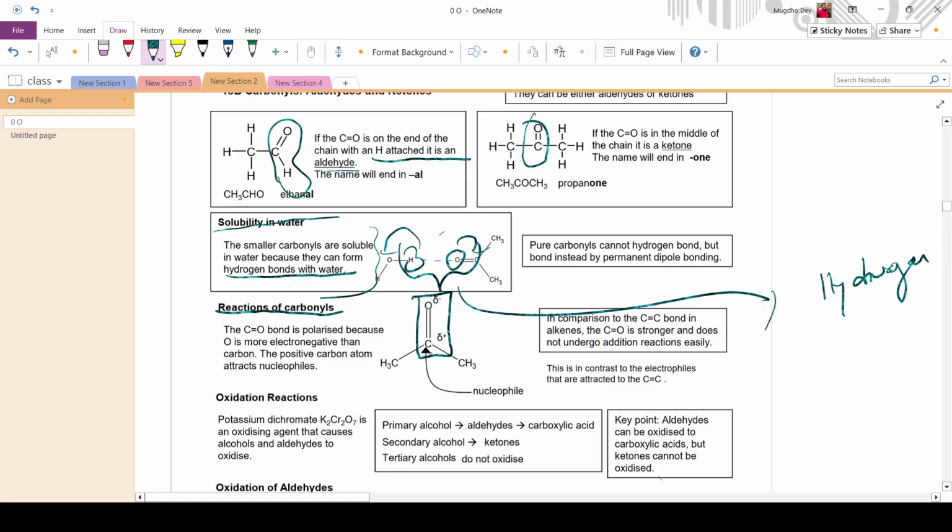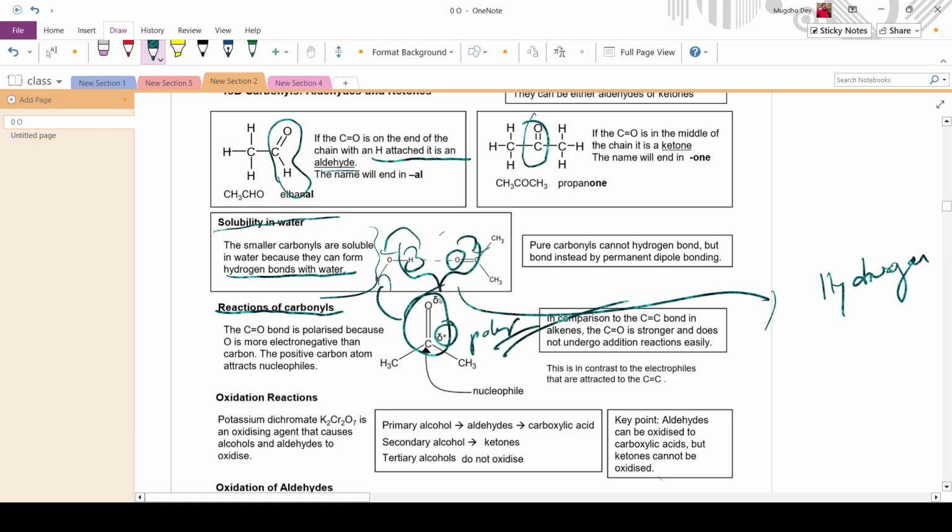Do we have one here? We do. Oxygen is more electronegative than carbon, so there must be a significant electronegativity difference. So we are sure that partial charges will be produced. Both conditions are met. As a result, this bond is polar. Am I clear?